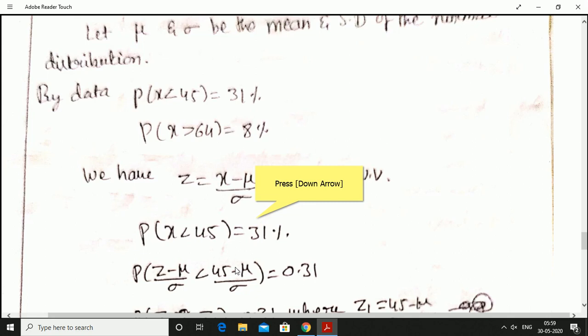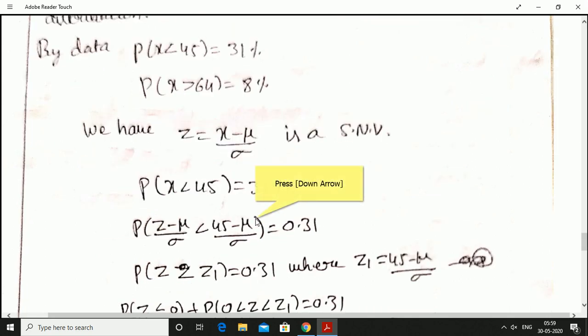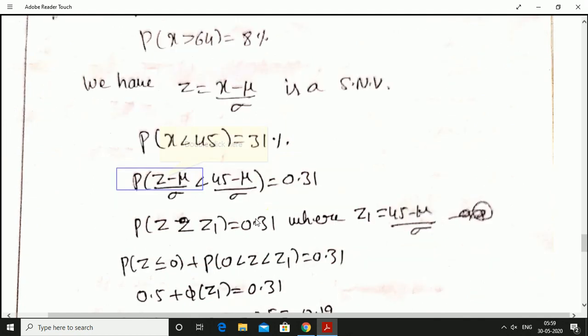Z is equal to (x minus mu) by sigma, a standard normal variate. Given probability of x less than 45 is 31%. Probability of (x minus mu) by sigma less than (45 minus mu) by sigma is equal to 31%, which is nothing but 0.31.